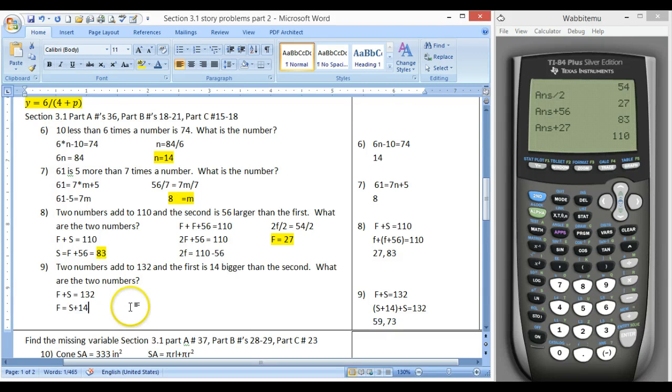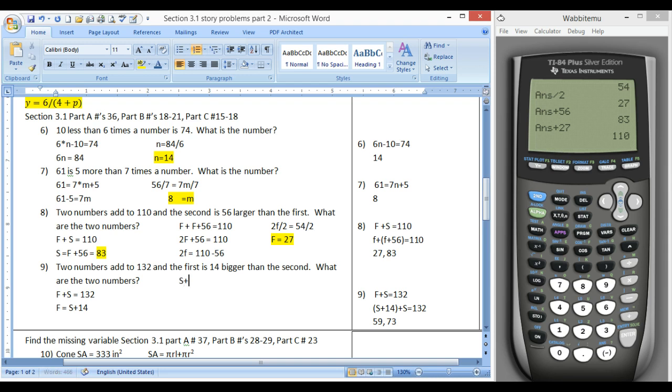Okay, now just like we did before, we're going to substitute S plus 14 in the first equation where I see the F. So instead of F now up here, I'm going to have S plus 14. So let's come up here.